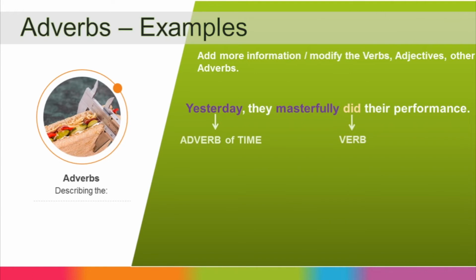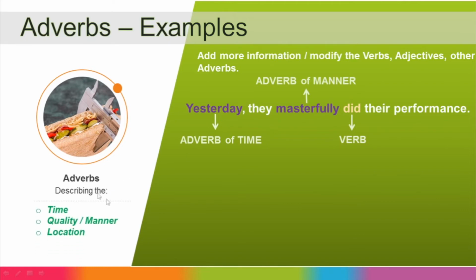So yesterday actually modifies the whole action of the sentence, and especially you can see it that the verb changes because of the adverb yesterday. Masterfully here also tells us additional information about the verb, like how they did the performance. In this case, masterfully is an adverb of manner.